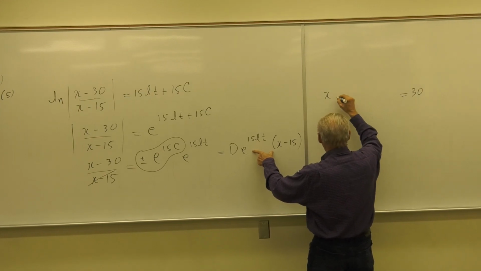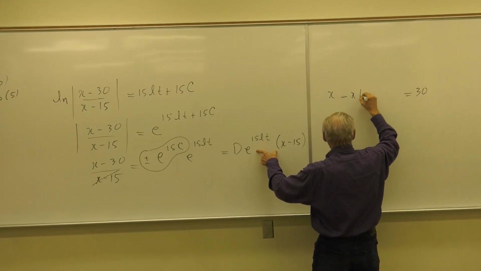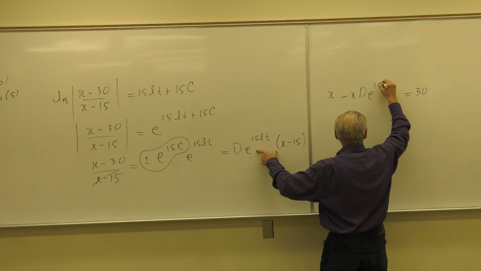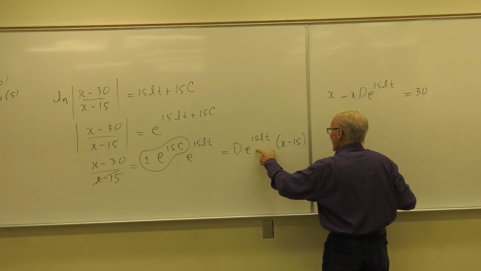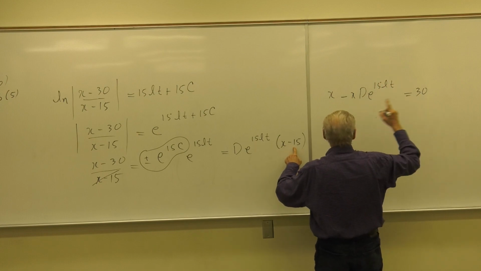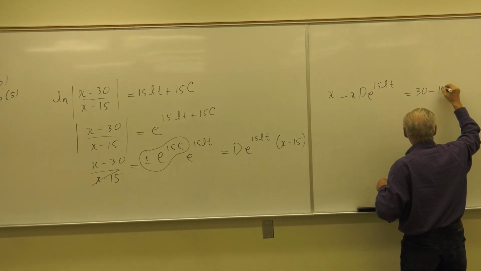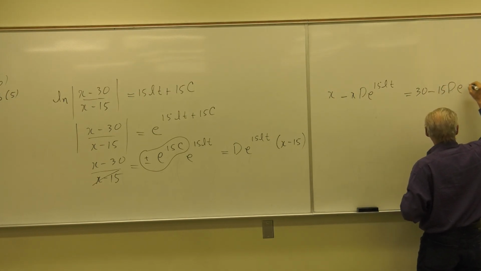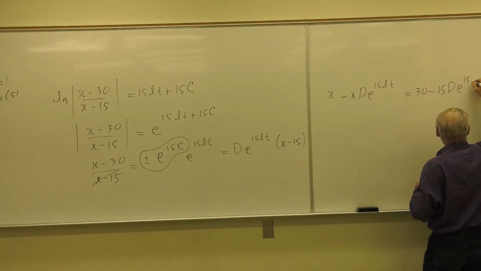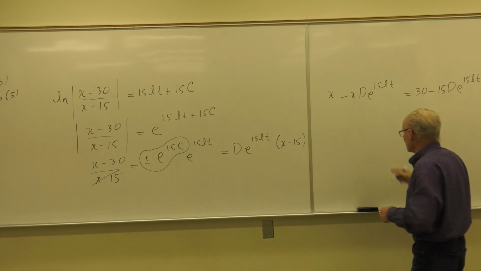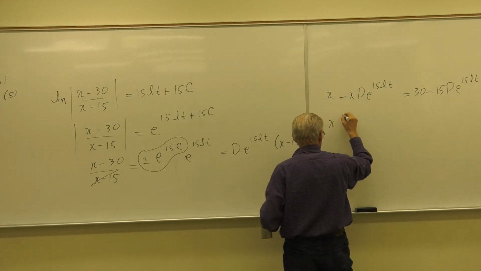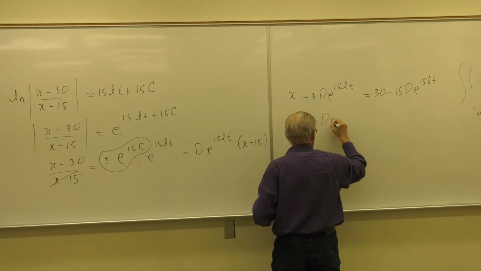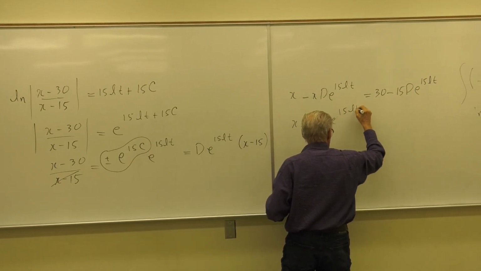That's got x's. So minus x d e to the 15 lt. And then this one times this one, you're staying minus 15 d e to the 15 lt. Let's factor out the x. 1 minus d e to the 15 lt.